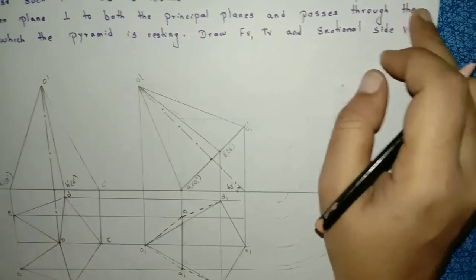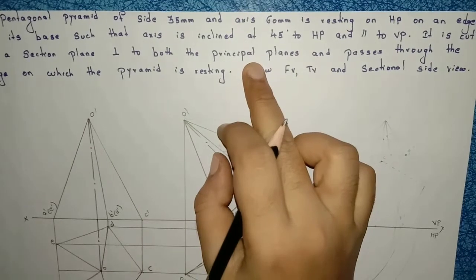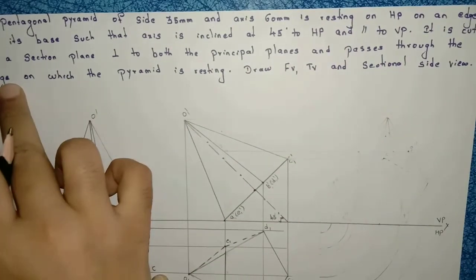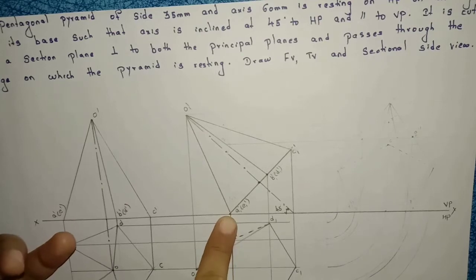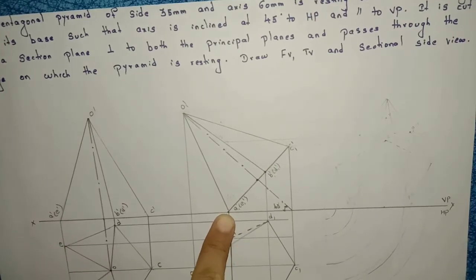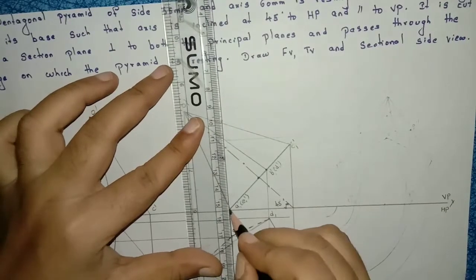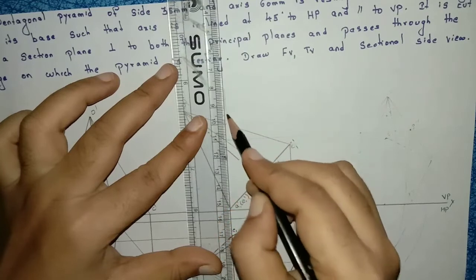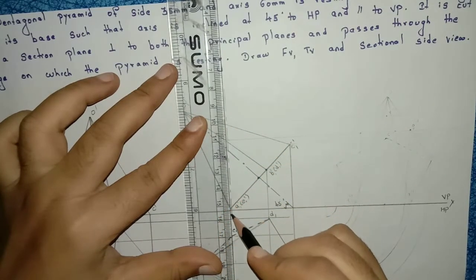Sectional plane is perpendicular to both the principal planes, which means it is perpendicular to HP and VP and passes through the edge on which the pyramid is resting. This is the edge of the pyramid. So the sectional plane is passing through this edge, right? So through this edge, we will construct the sectional plane, large dash small dash.